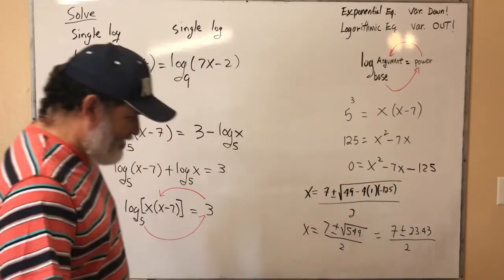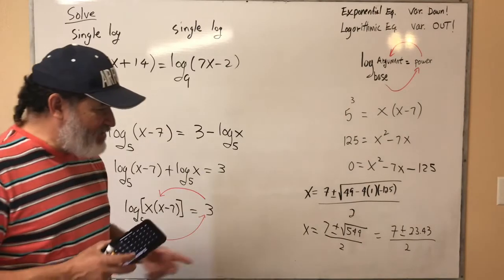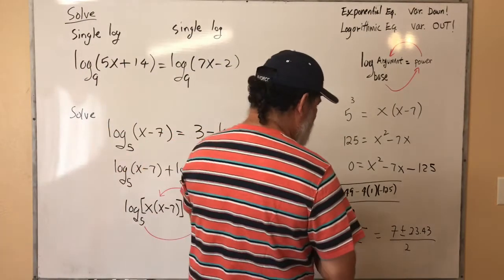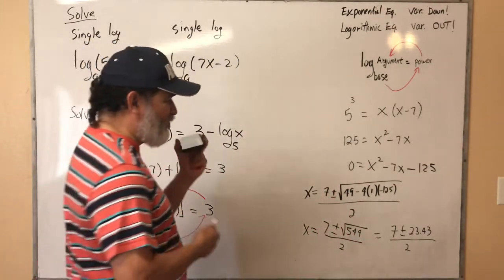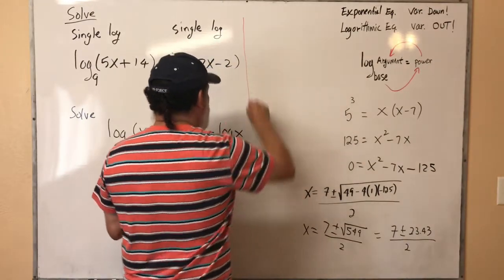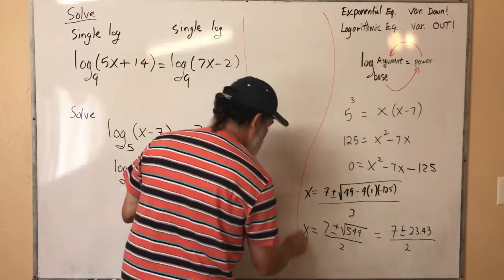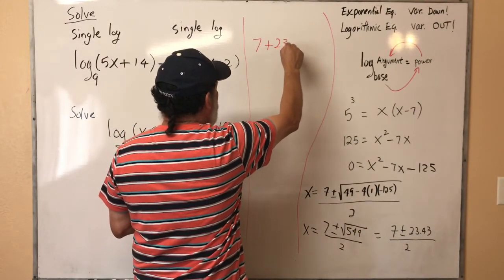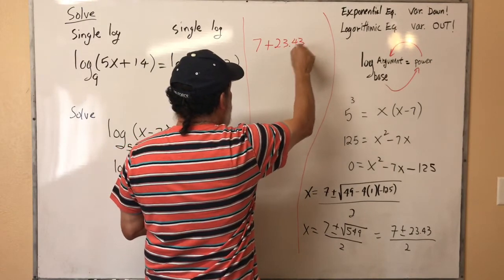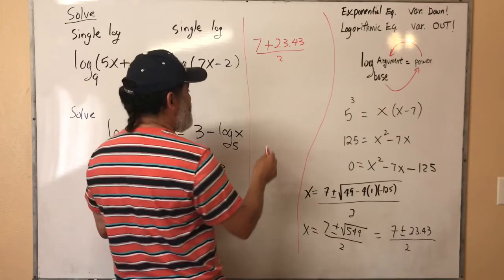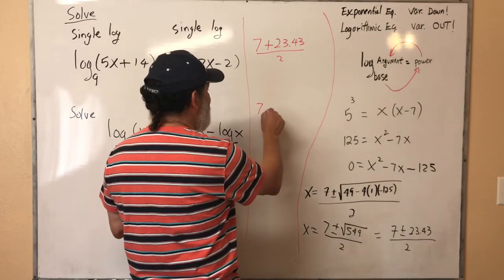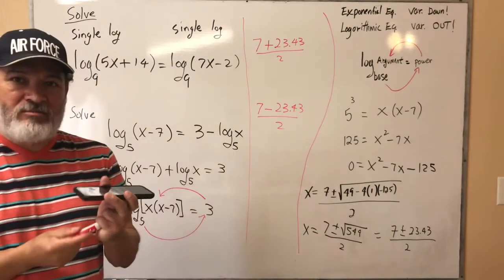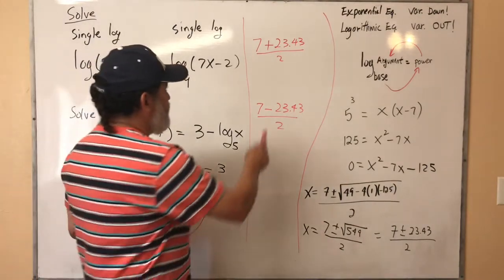Now, there are two cases there. These are the answers. The first one is 7 plus 23.43 over 2. The second answer is 7 minus 23.43 over 2. Do this one.